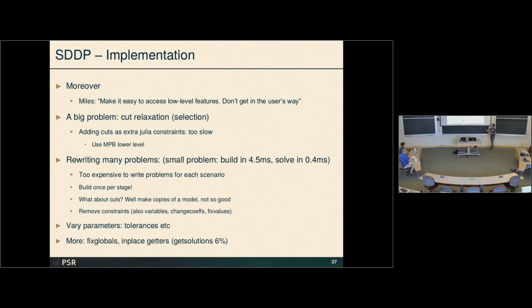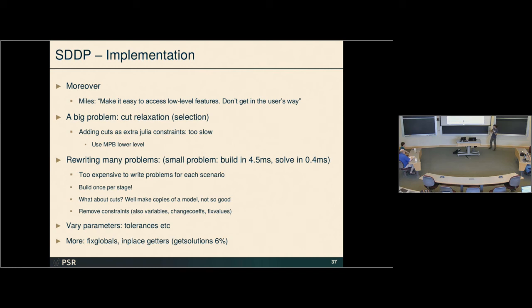Other stuff that you can access is changing parameters and tolerances. And more stuff I had to do under the hood behind JuMP was fixing globals. You solve an integer problem, but you want to get duals for that, so you fix integer variables, and then you go back and solve the problem with that fixed and get the dual variables for that.